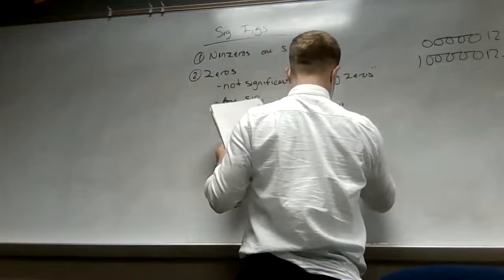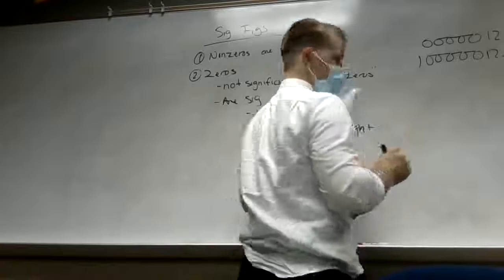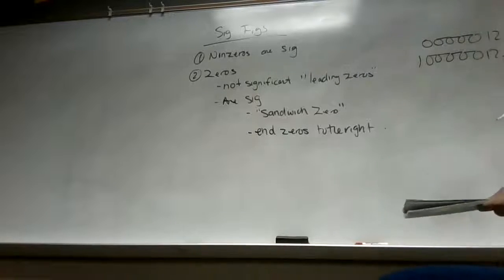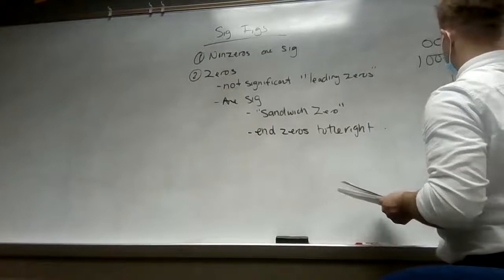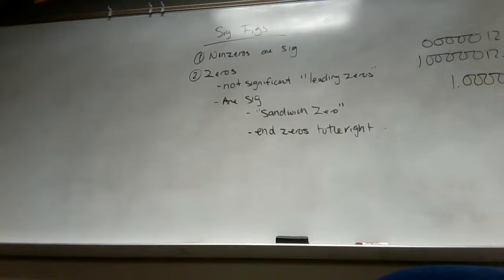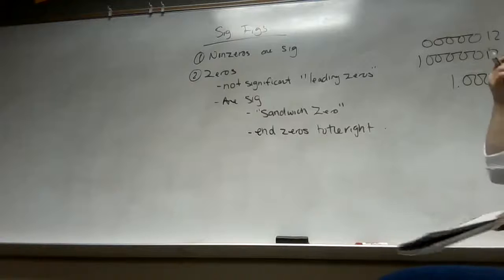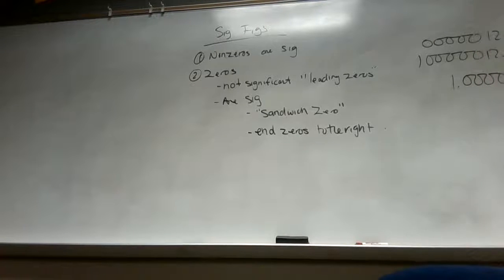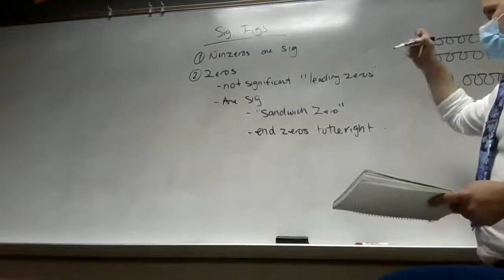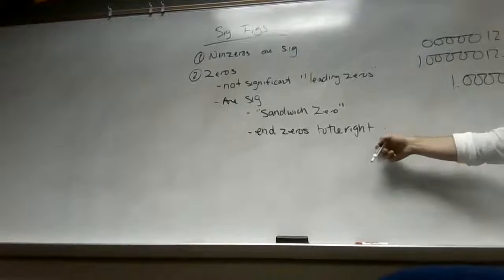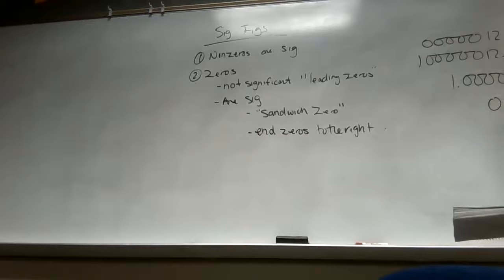Next we have zeros to the right of your decimal. So 1.0000, those are to the right of your decimal. They are significant. Does that make sense? Now, you do have to be careful because this rule precedes this rule. So if you had 0.000012, those are still counted as leading zeros and are not significant, even though they're to the right of your decimal.